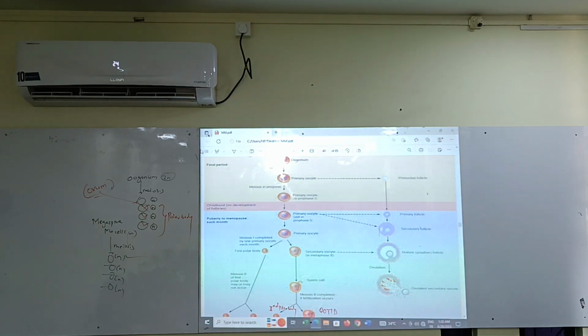So tertiary follicle has got which oocyte? Primary oocyte. Now it will undergo meiosis 1, 2, 1. It will complete its meiosis 1 and it will form what? Secondary oocyte. Inside which follicle? Graafian follicle.